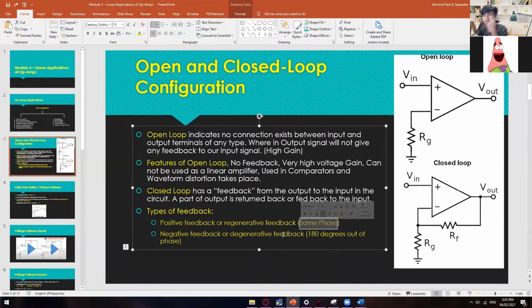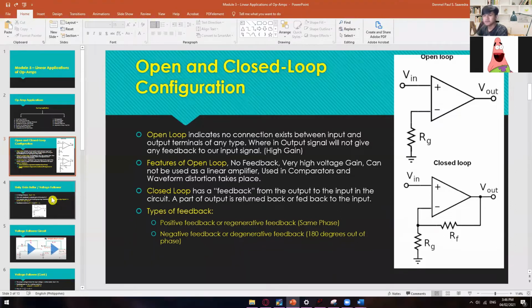However, if you have a positive input and a negative output, we call that negative feedback, wherein it's 180 degrees out of phase, meaning it is the complete opposite of your original waveform. Originally, let's say you have a positive waveform, but your output will give you a negative waveform. Those are the types of feedback that you will get out of an amplifier.